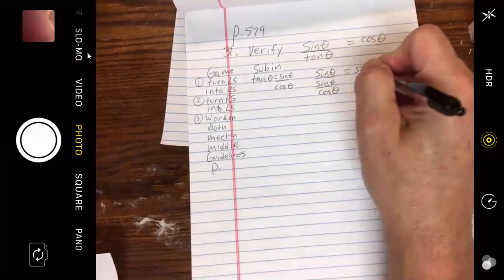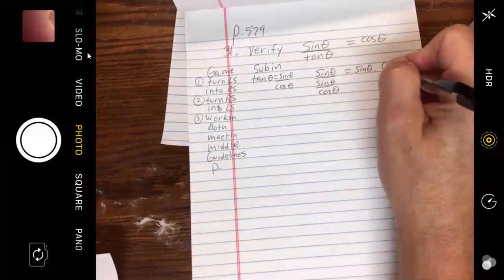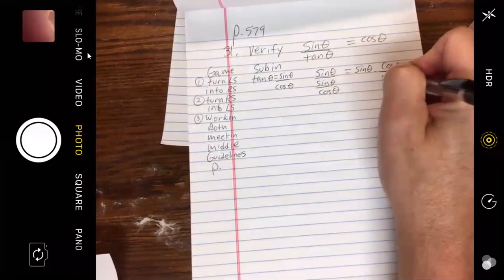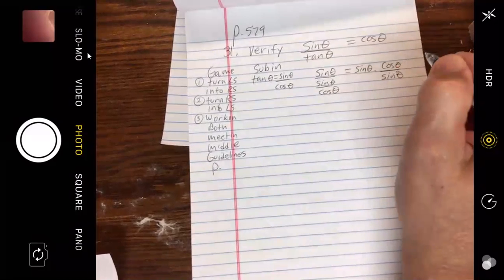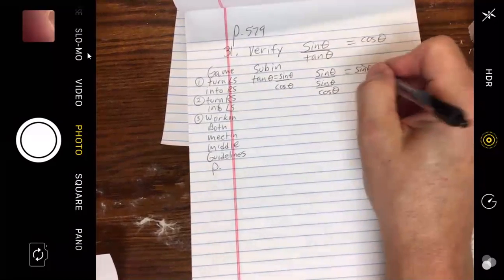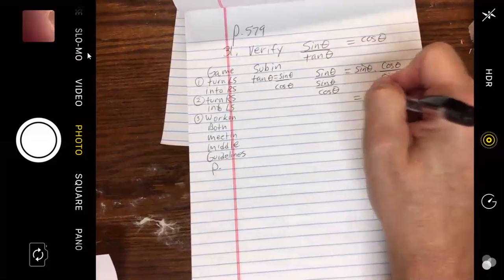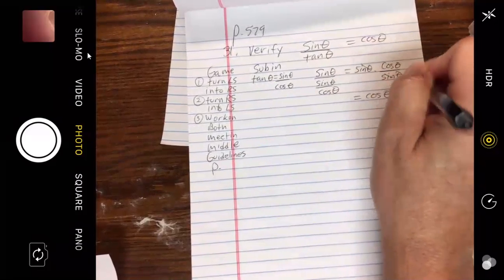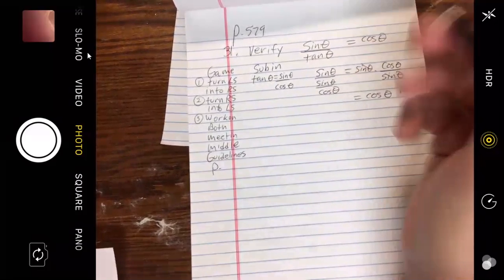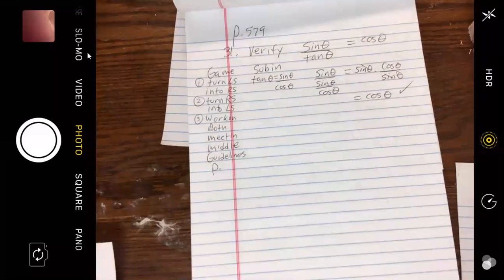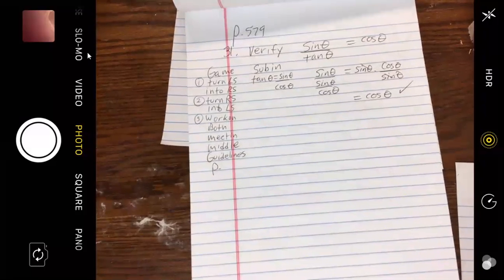So you get a sine on the top times the flip of the bottom over sine theta. And you can see that the sines cancel, and you're left with the cosine, which is what you had originally. And it's about the only way to work something that simple. You can't break down sine and cosine.